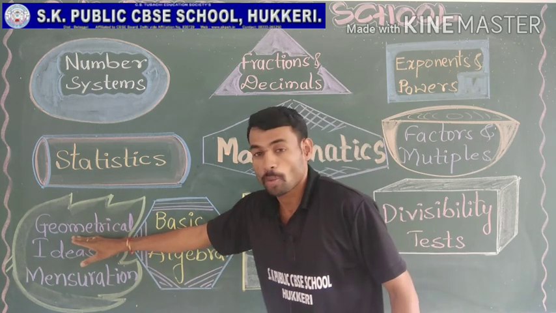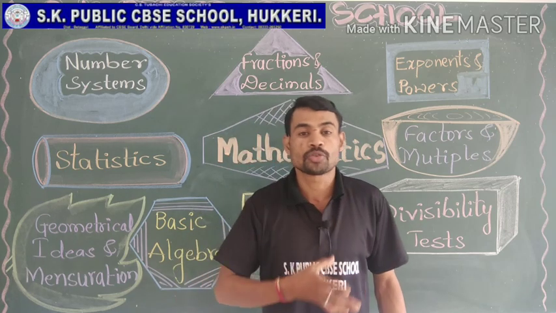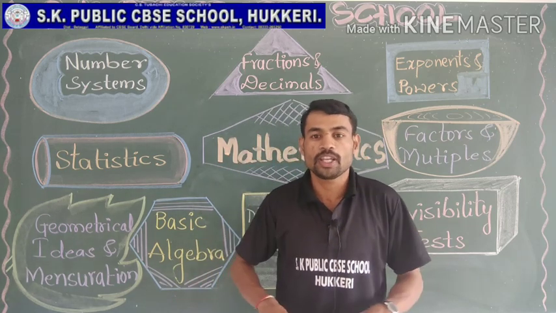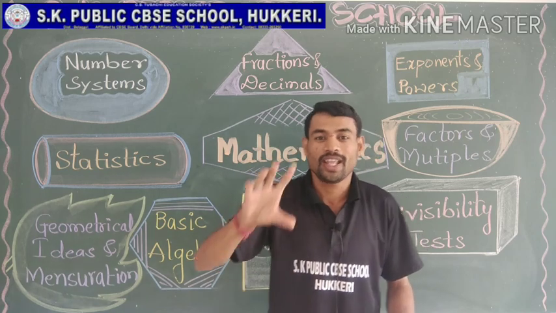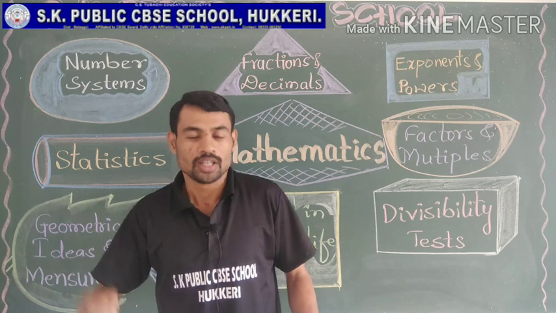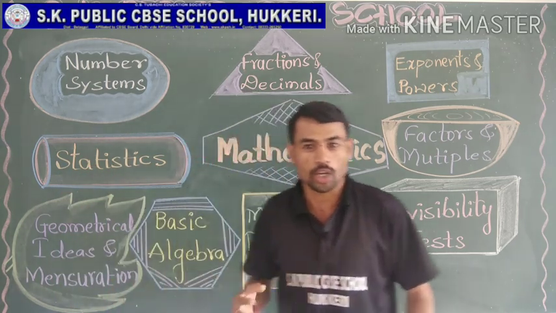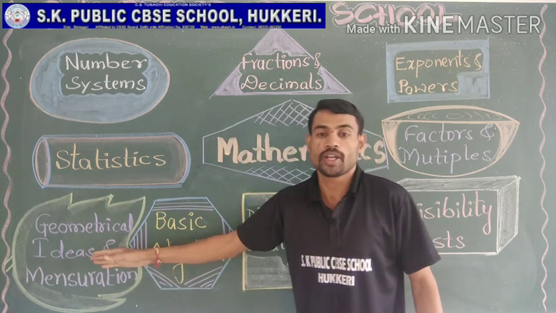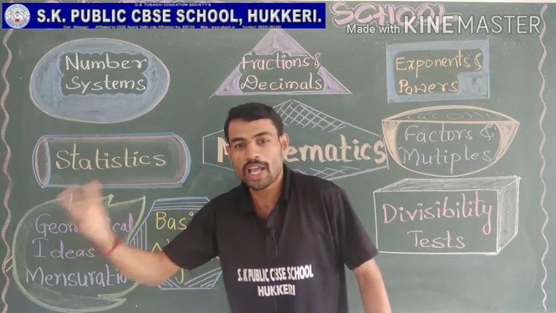In these geometrical ideas, along with that we have to study mensuration. Mensuration in the sense of measurement. For example, if they give a circle, what all is to be measured? Area and perimeter. Circumference of the circle, area of the circle. Varieties of formulas you get for this. Not only plane figures, we have to study three-dimensional figures.